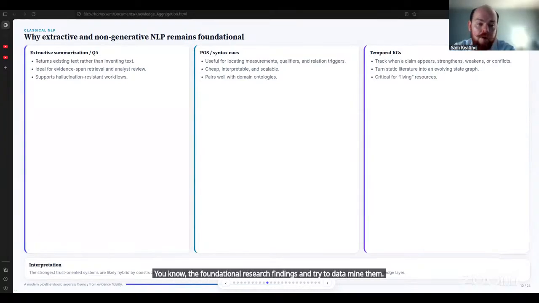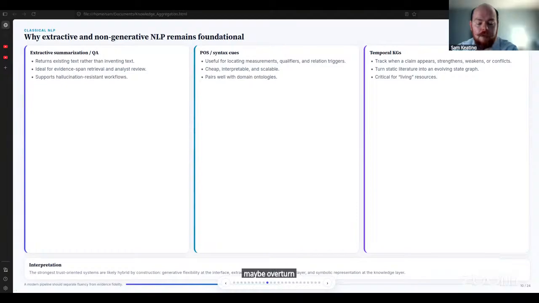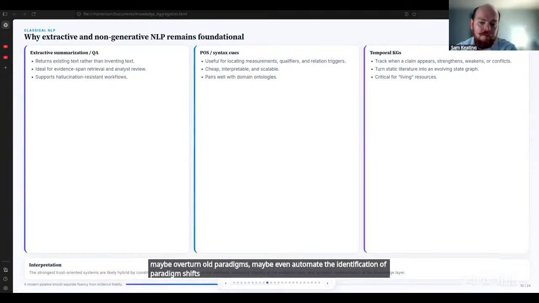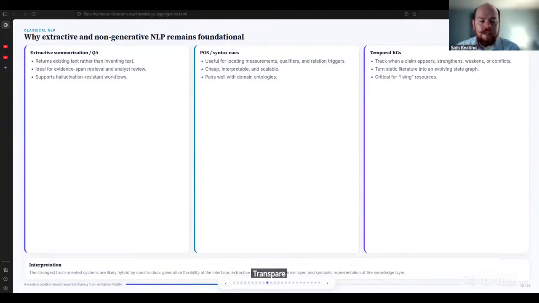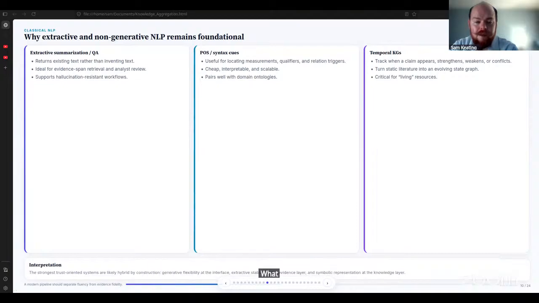But I, for one, think that we should put more effort and more momentum into it and have more open-mindedness to question old knowledge and maybe overturn old paradigms, maybe even automate the identification of paradigm shifts, or transparently list out and map out all the paradigms, and maybe the strength and confidence score of paradigms, and see what actually can be corroborated the most confidently and what's less coherent.